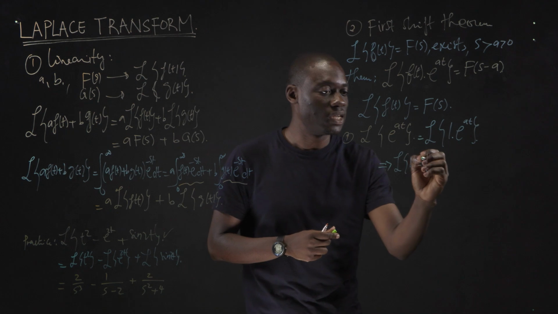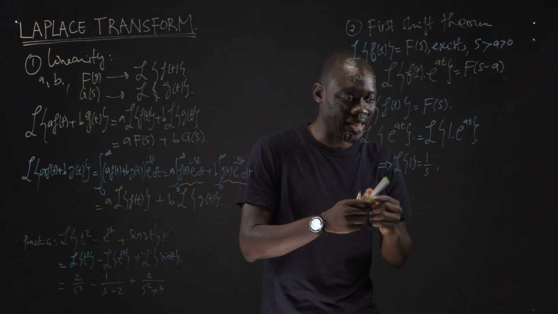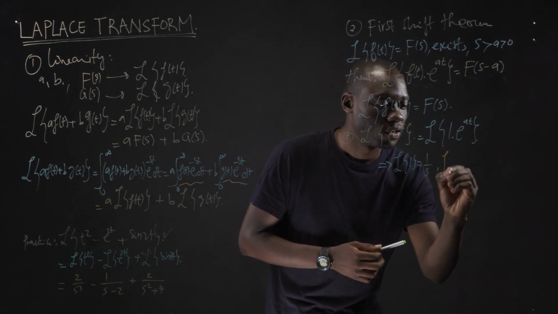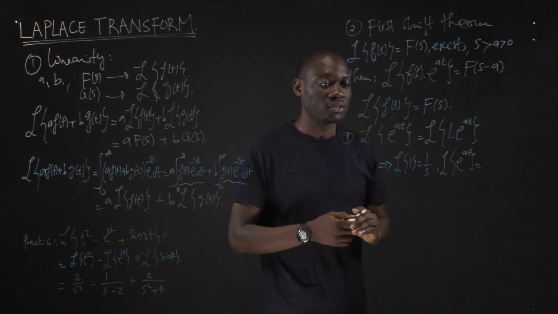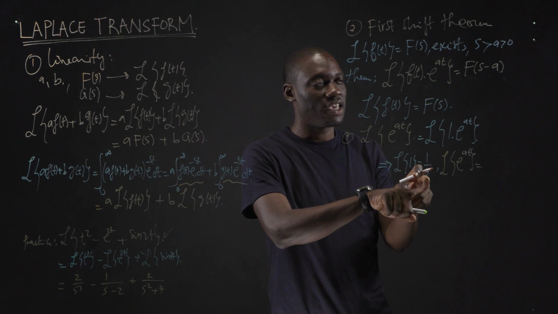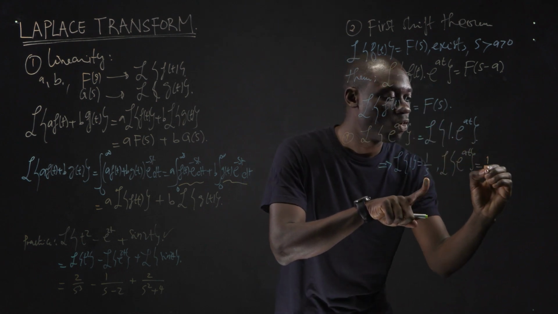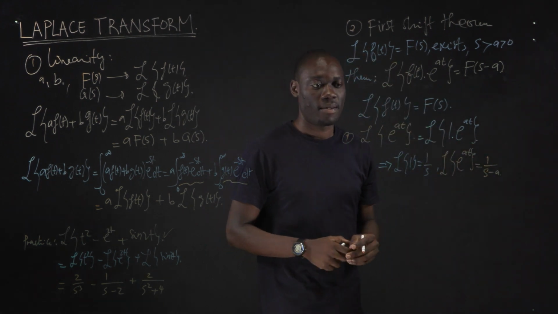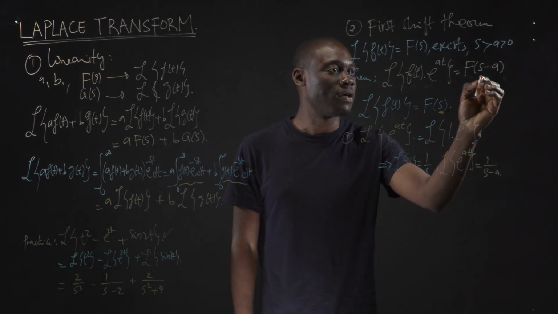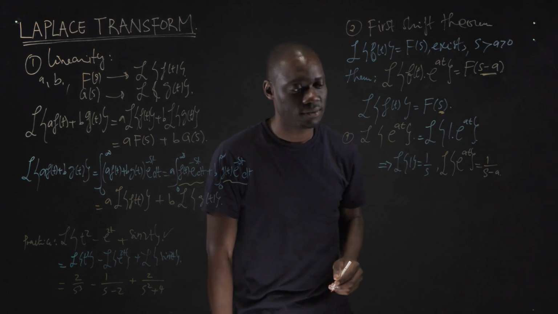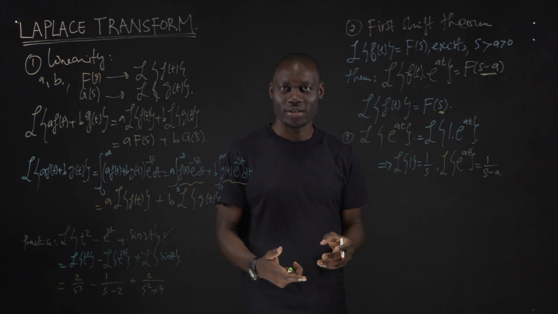Therefore, the Laplace transform of e^(at) will be equal to, instead of 1 over s, 1 over s minus a, because I substitute the s in the Laplace transform by s minus a. I hope you're getting it.